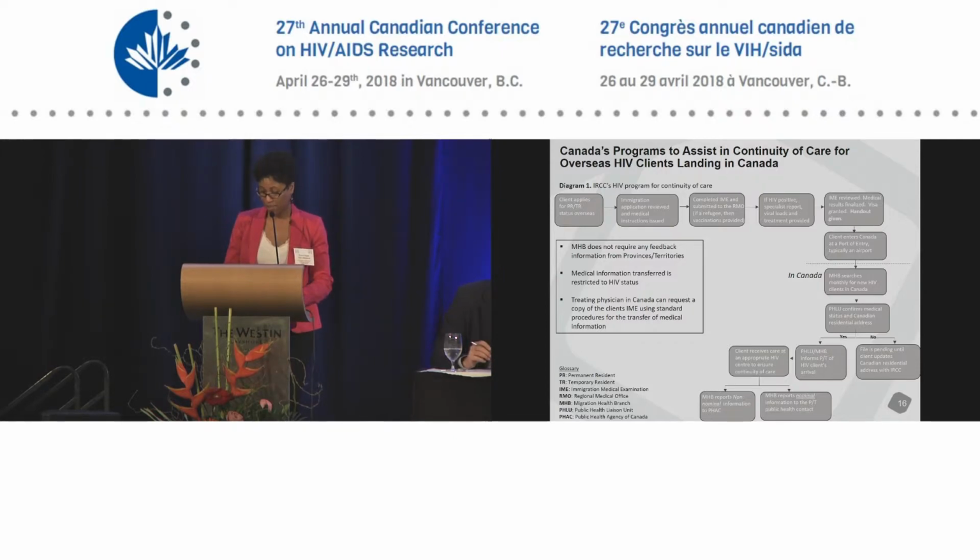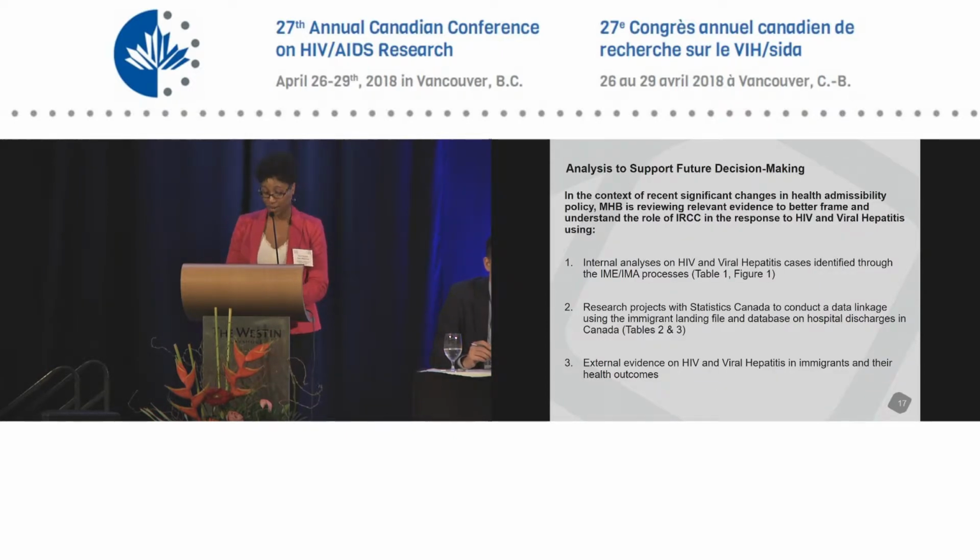So I'm going to go now in a different direction and speak to some of the objectives the Migration Health Branch wants to achieve. One is the process of reviewing relevant evidence to understand and frame how we manage HIV and viral hepatitis, especially in the pre-migration context, which is applicable mostly to us.